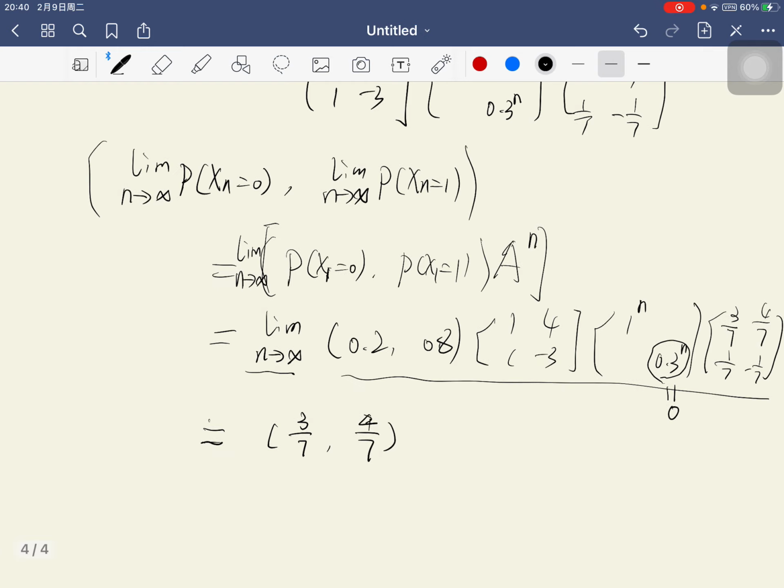So the limit as n goes to infinity of the probability of xn equals 0 is equal to 3/7.